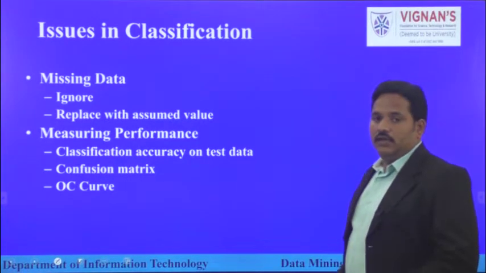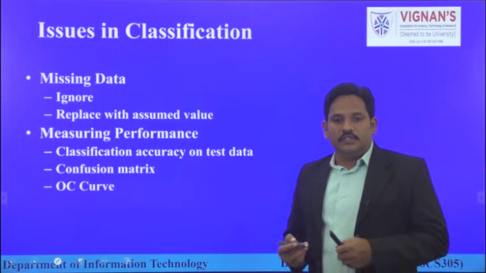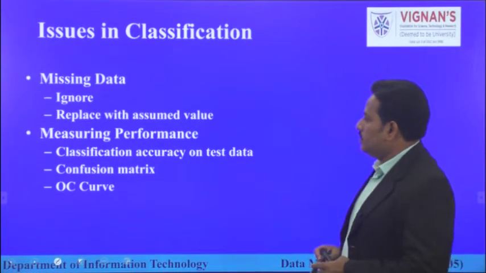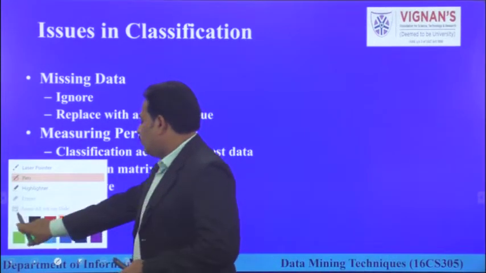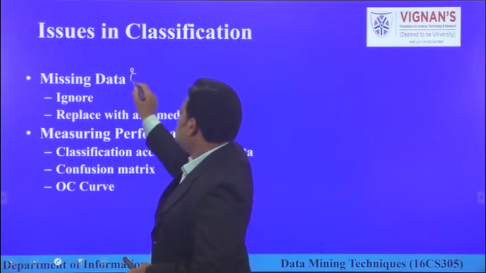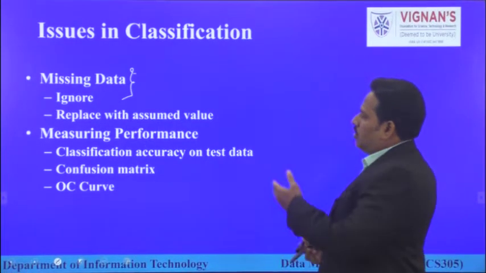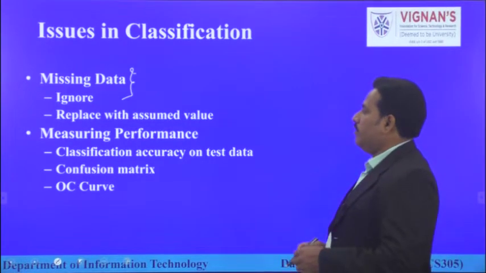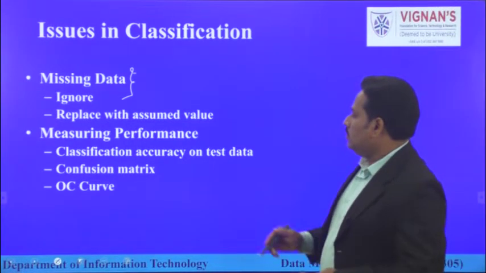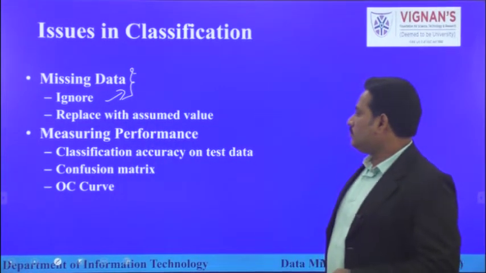Now while doing classification, we will have some challenges, or technical issues. The first major issue is missing data. If any data is not in a proper condition or if any elements are missing, how can we handle it? This concept we already discussed in data pre-processing approaches. When any data is missing, if the class label itself is missing, ignore the data.